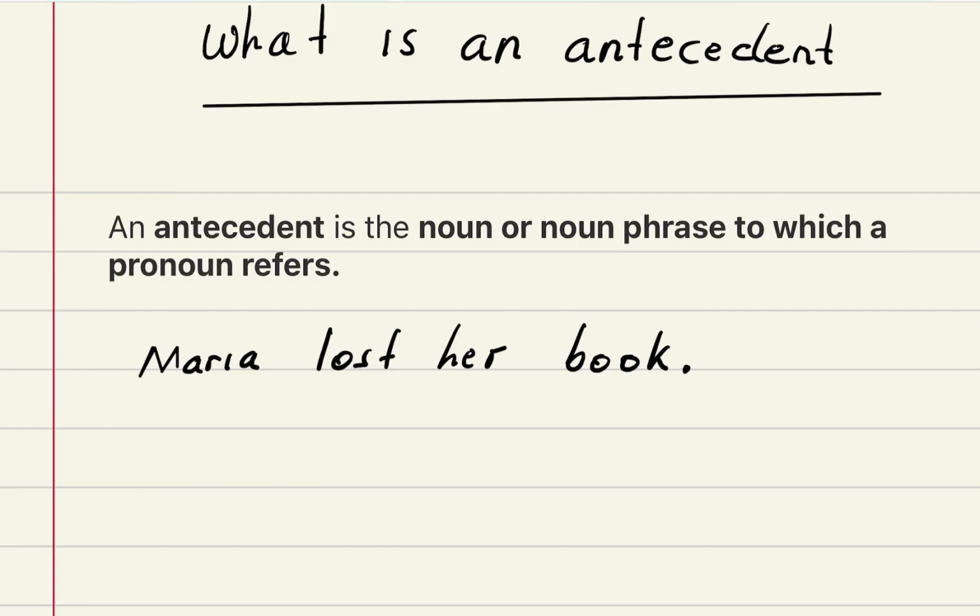Let's just focus on the noun part. First, you want to find the pronoun. That's the first thing in finding the antecedent. The pronoun in this case is "her." Then you ask yourself, who is "her"? Who is "her" referring to?